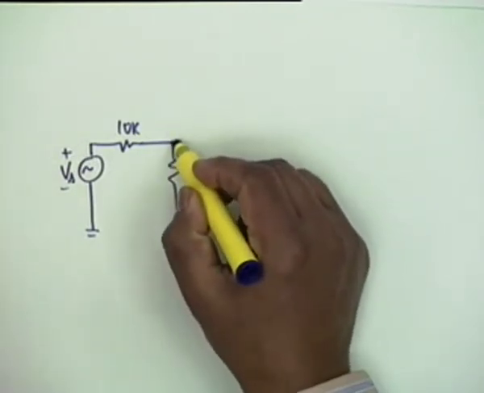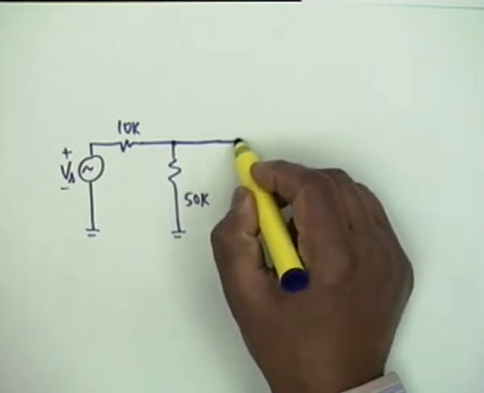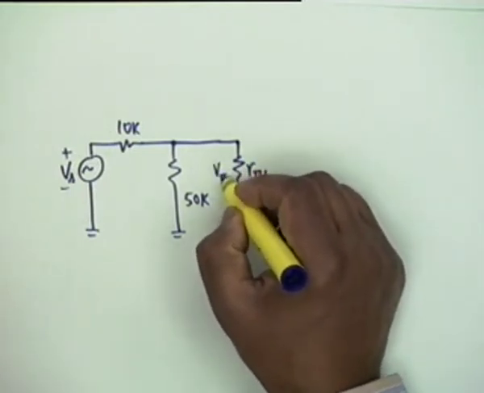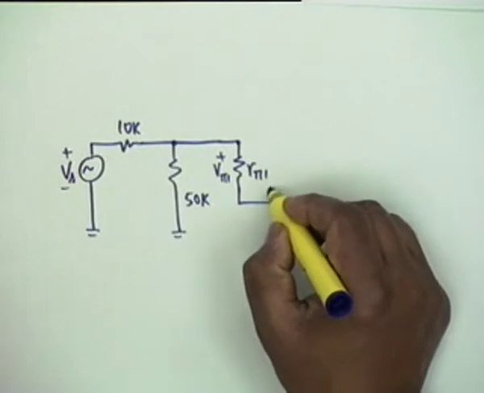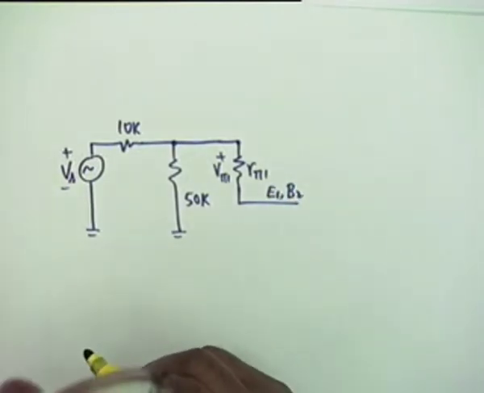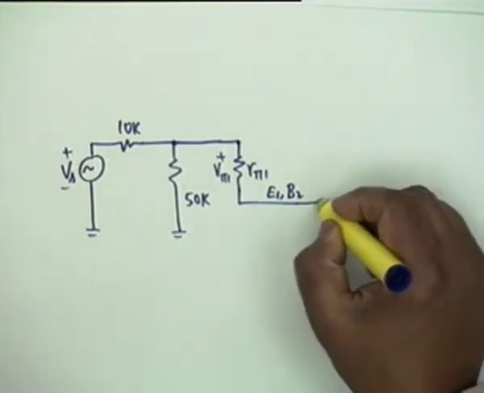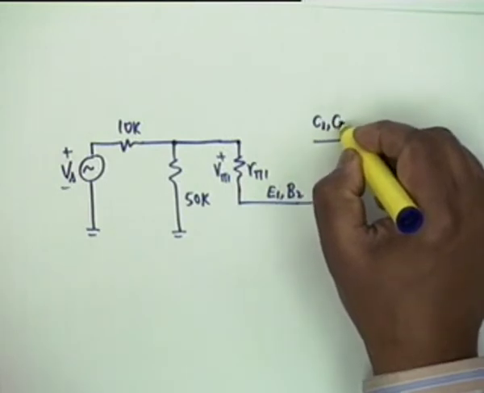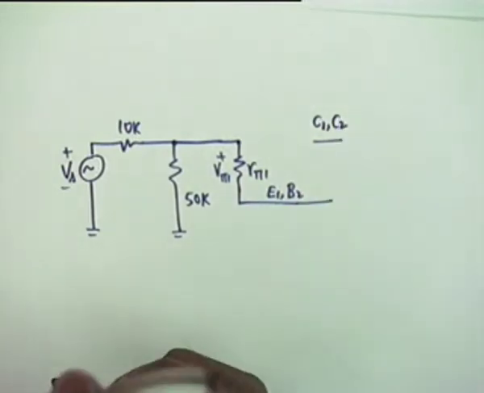Then from here, from the base to emitter 1 is R pi 1, this is V pi 1, this is E1 and B2, emitter 1 and base 2. Okay. Now collectors are also common, C1 and C2 are connected together.